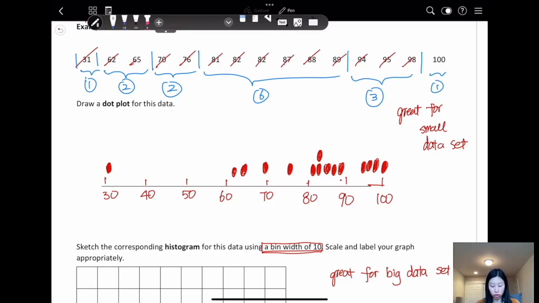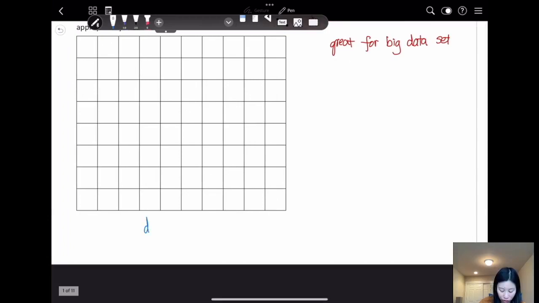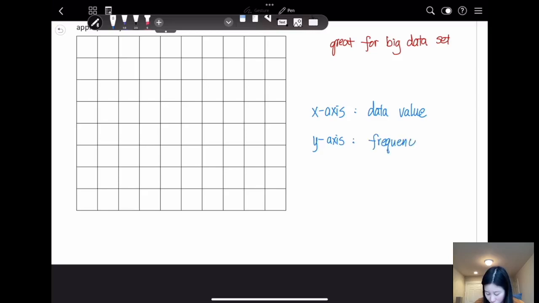So what we're going to do is label the x-axis, which is our data value. And the y-axis is the frequencies, which also means counts.